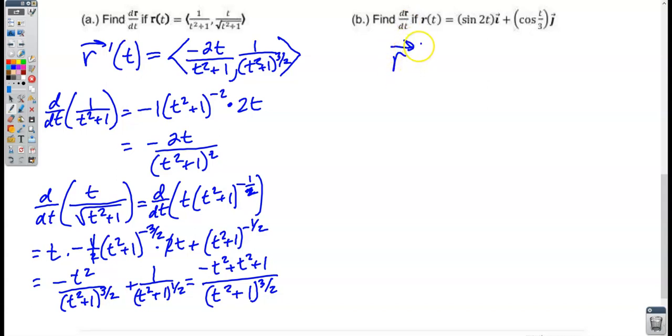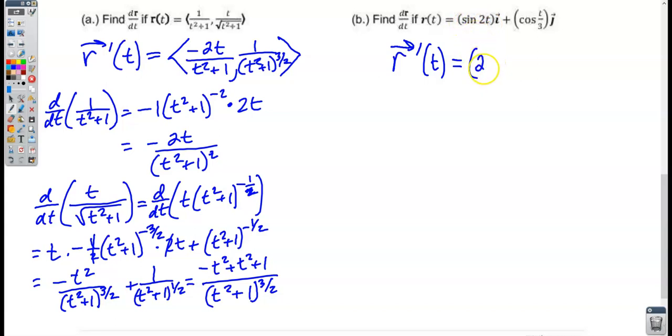So the derivative of r of t is r prime of t, which is again going to be a component form vector. Since we're written in standard unit vector notation here, I'm going to write my answer in standard unit vector notation. So we're going to go ahead and take the derivative of the component with i.